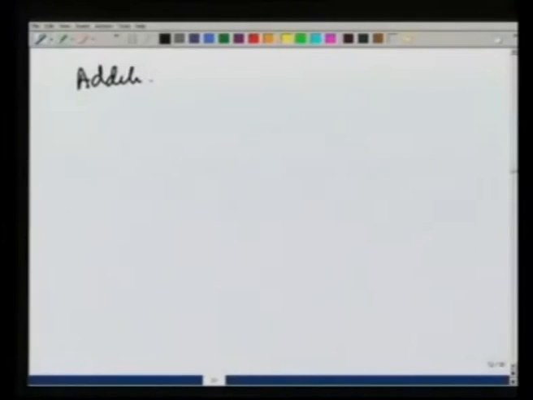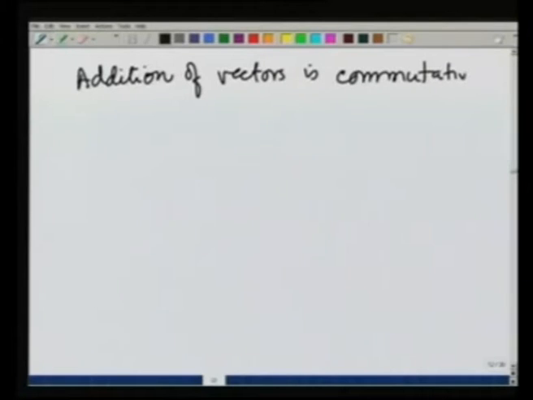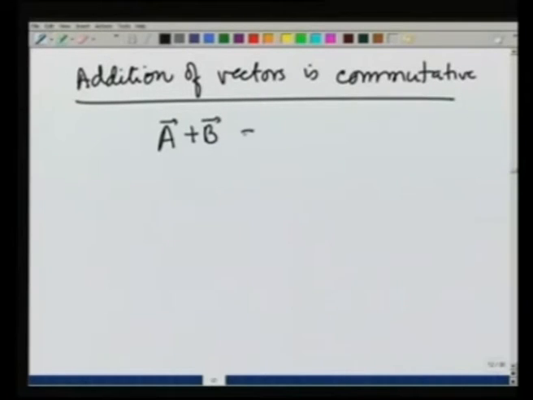It is also easy to see that addition of vectors is commutative. That is, A plus B is same as B plus A. Let us see that.